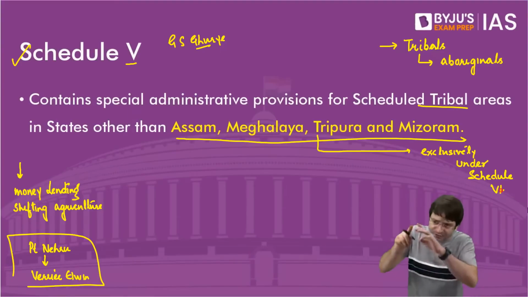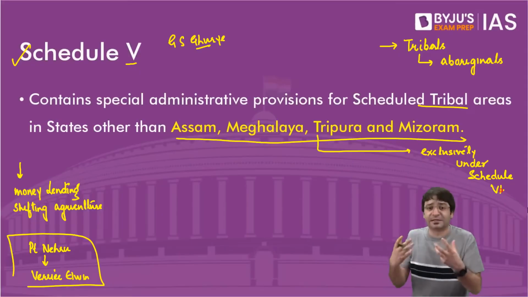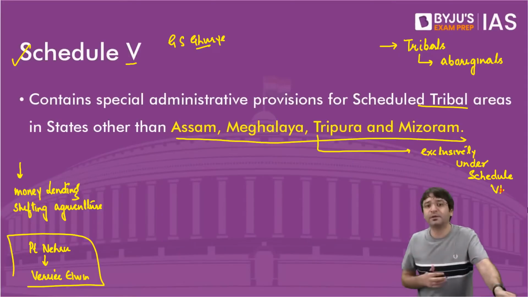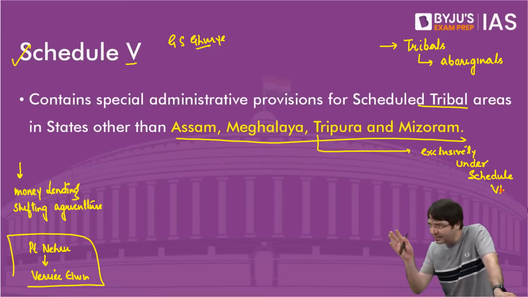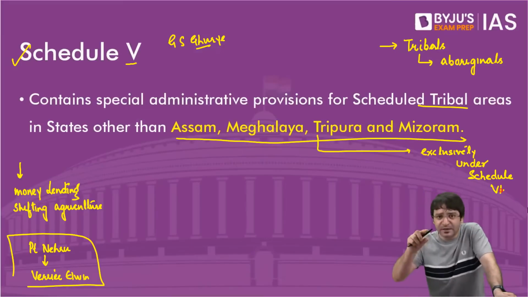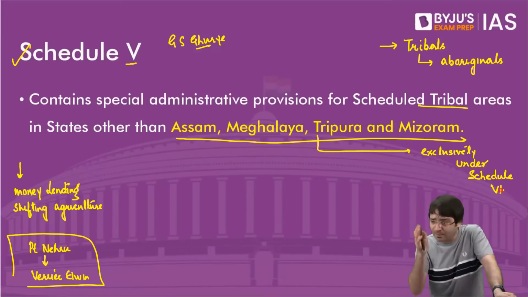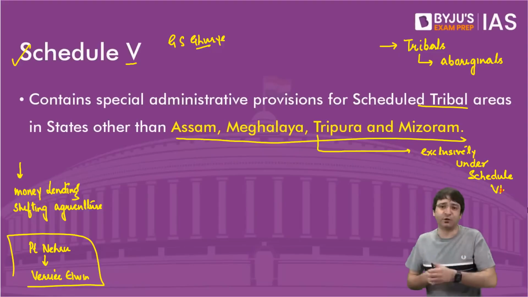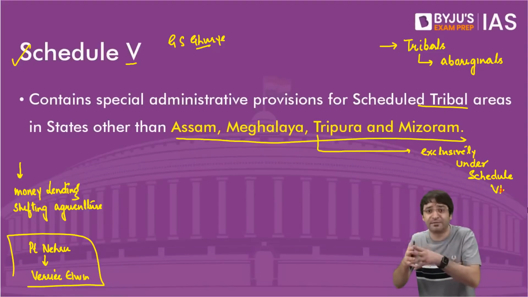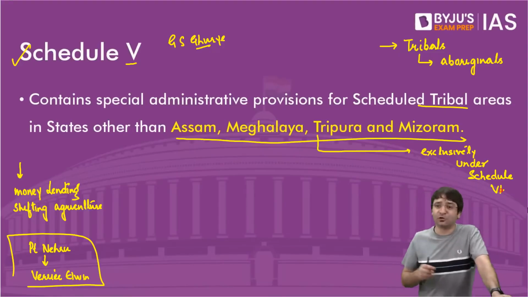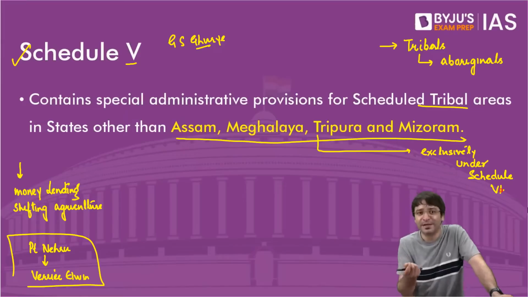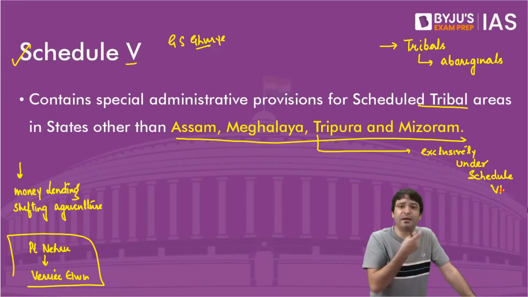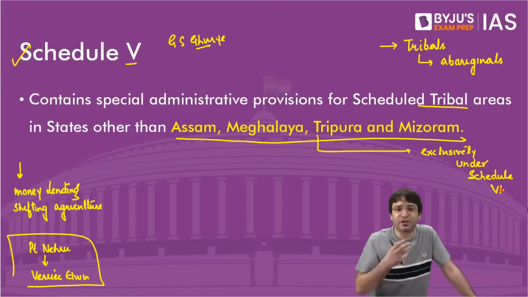And don't treat tribals as a single homogeneous group. You may call 10, 20, 15 as tribal groups, but all of them are different from each other, distinctively unique from each other. So tribals are not a homogeneous group. Just like the people inhabiting mainland India, we are not homogeneous.